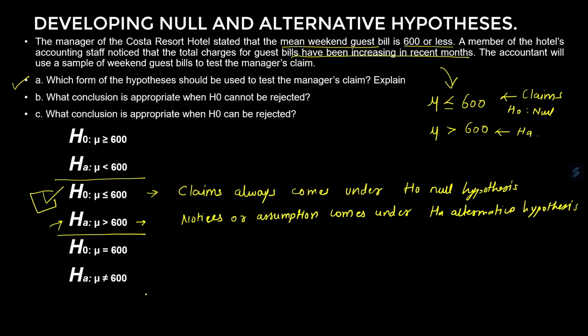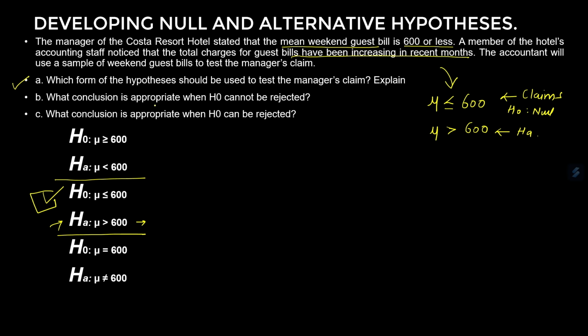Okay, so we have solved part A and given the explanation for it. What conclusion is appropriate when H naught cannot be rejected?